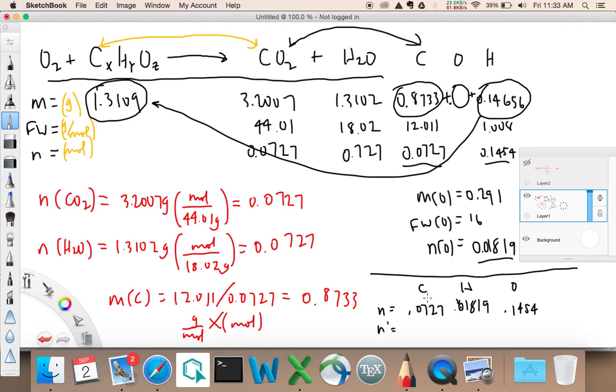Let me just make sure I got that right. 0.2291 divided by 16. Yep, that's right. Okay. So now we divide all these by that number, and that goes to 1. This is going to go to 4. This is going to go to 8.